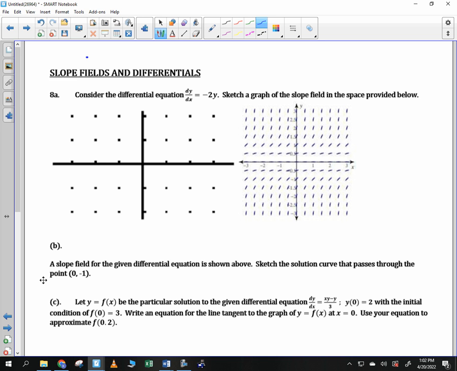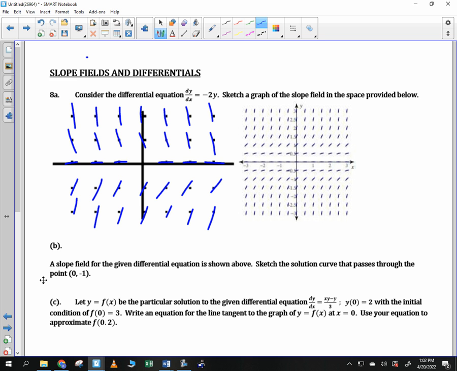Okay, here's your slope fields. They should look something like this. Okay, slope field, something like that.